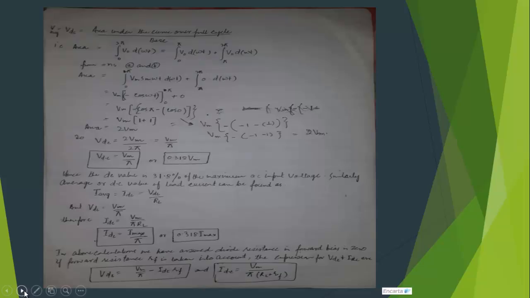This is for VDC, that means average voltage. And for average current, the equation becomes IDC is equal to V max by pi times RL plus RF. This is when we take forward resistance into account.